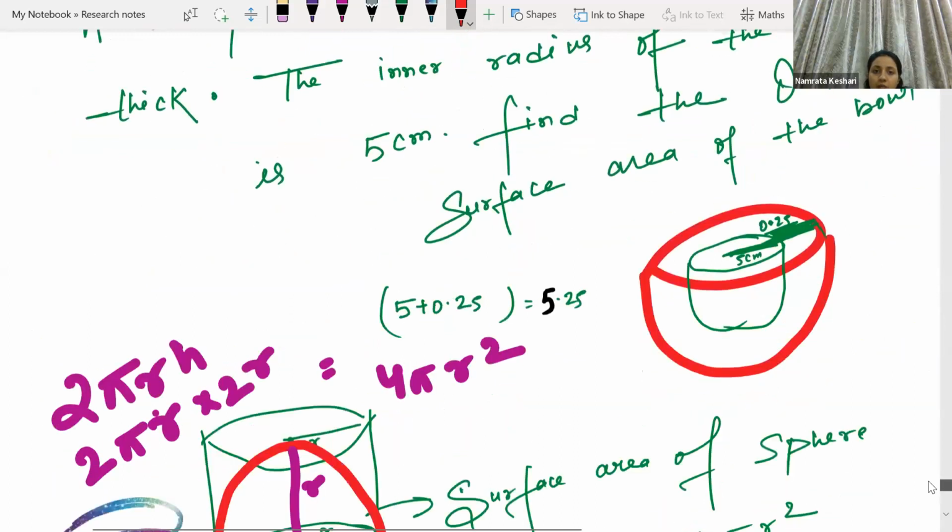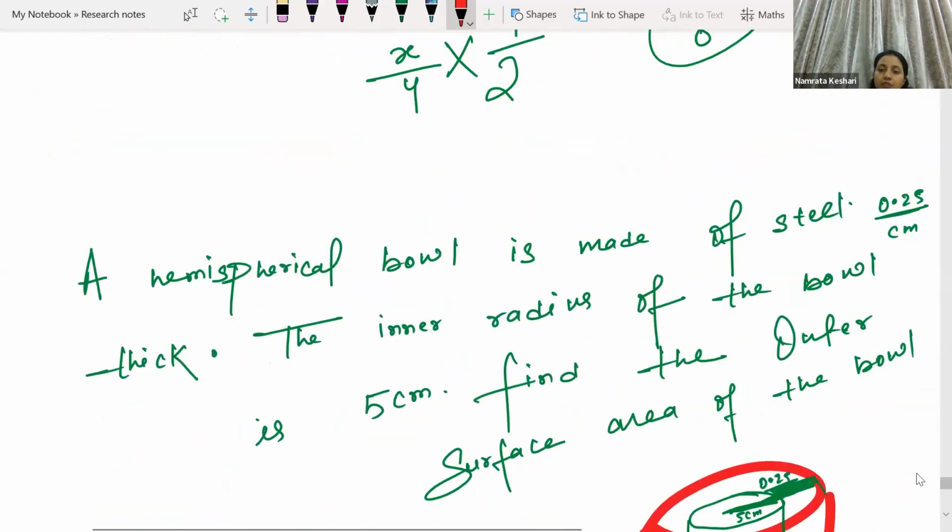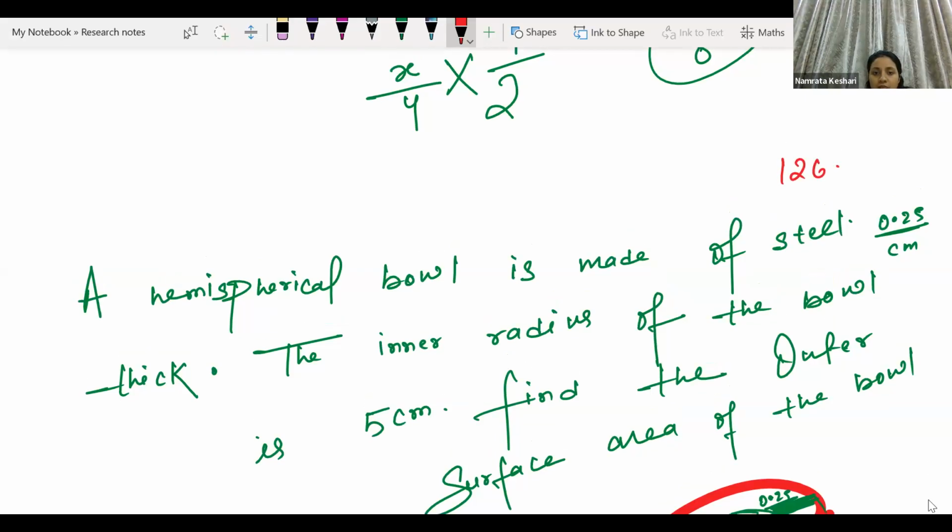A hemispherical bowl, what's your answer, Sazia? The shot put one, ma'am. 126 point something you said? Yes, ma'am. Okay, let me check. Ma'am, not this question. The previous, before this one.